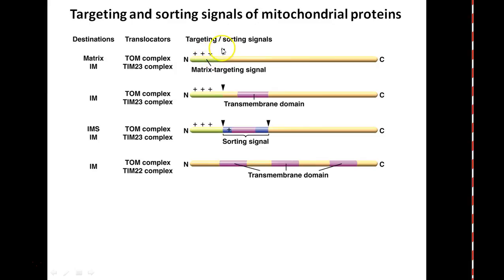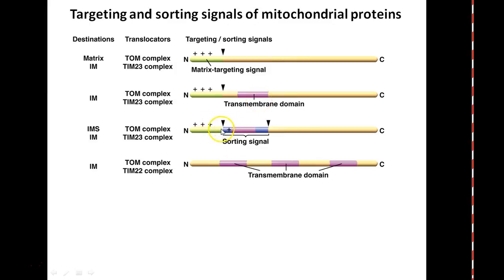This is a cleavable sequence, a very short stretch of amino acids, and it acts as a signal to the matrix, so it's called the matrix targeting signal. We also have transmembrane domain signals shown here in purple. Several mitochondrial proteins need to be embedded into the membrane, so therefore they have transmembrane domain signals.